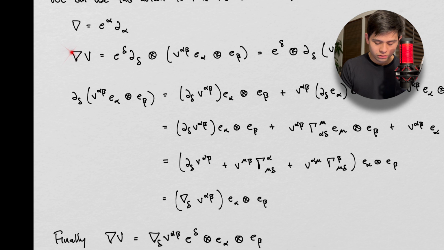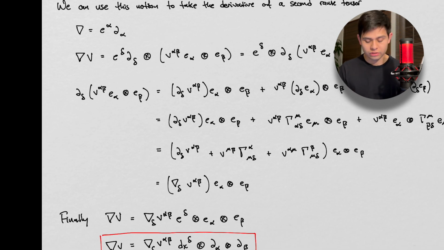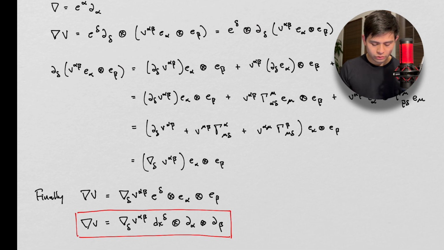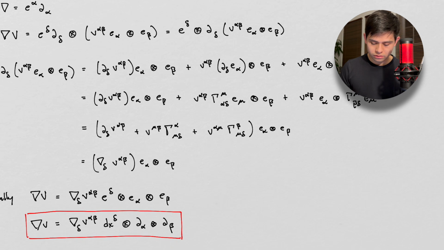Here's that definition, and here's the component notation for this tensor. And we have this tensor product. We need the tensor product because we're dealing with tensors again. And so we can move the tensor product over, and now we want to take a look at this. If we take a look at this guy, we're going to apply the derivative to our components. Then we want to apply the derivative to the basis vectors.